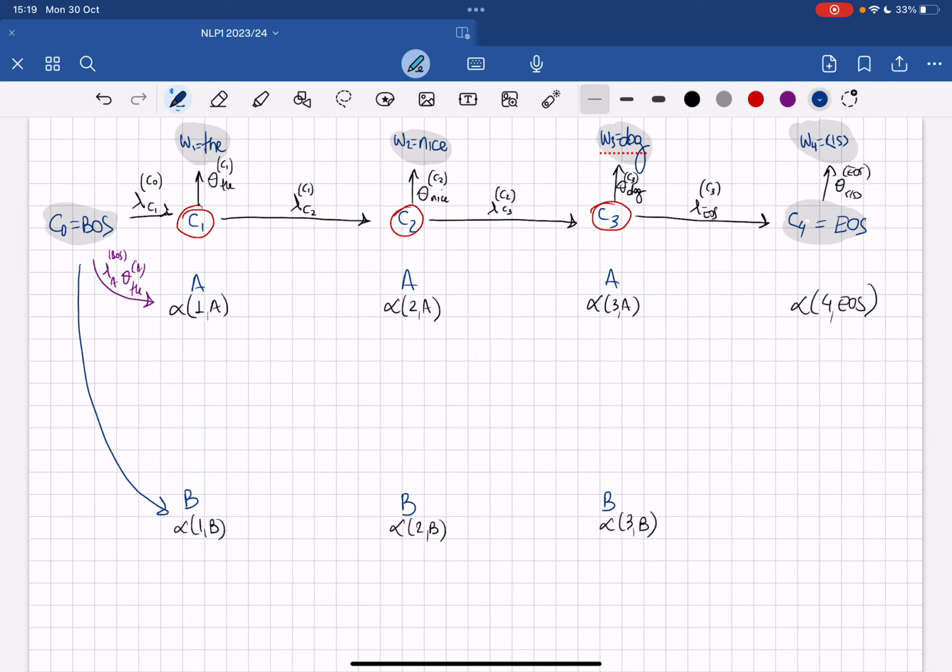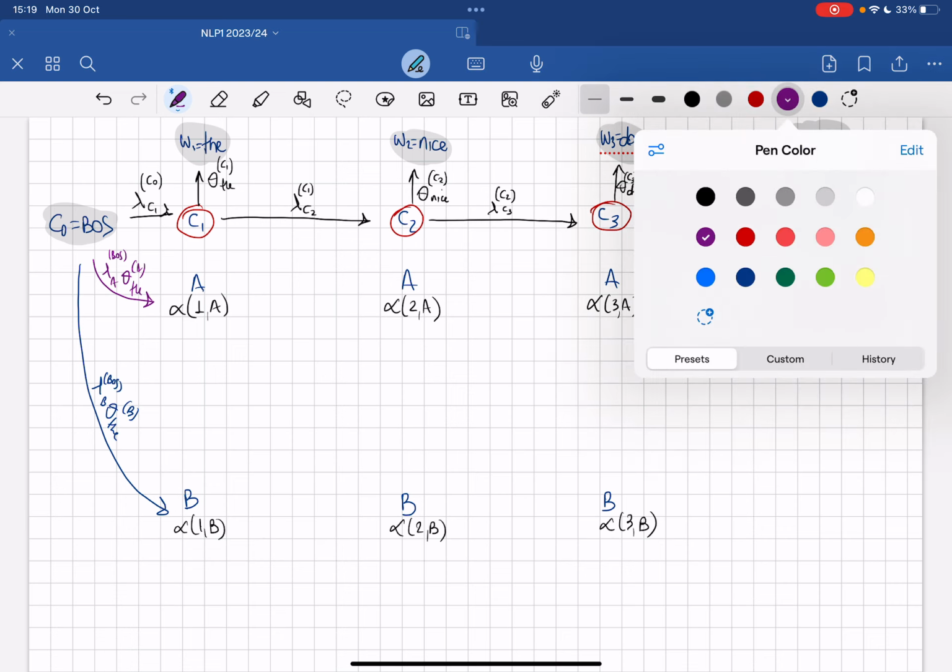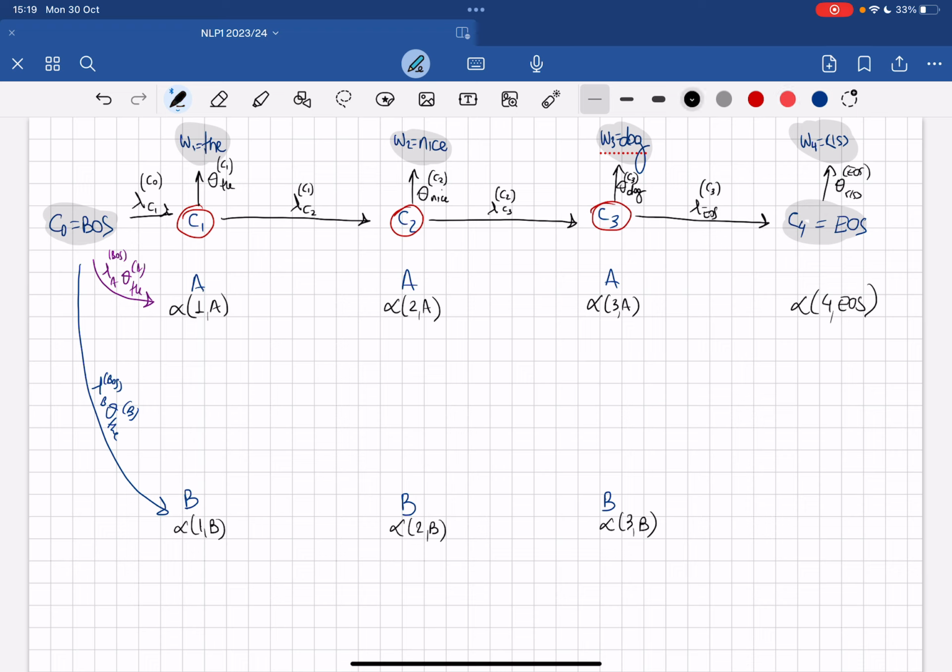To end up in this other cell, I had to do a transition from BOS to B, and then emit from B the. Well, therefore, this is precisely what alpha 1A should evaluate to. And this is precisely what the quantity alpha 1B should evaluate to. Things start to get more interesting as you progress.